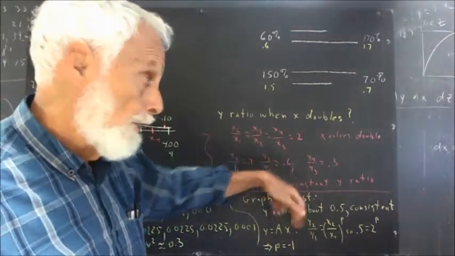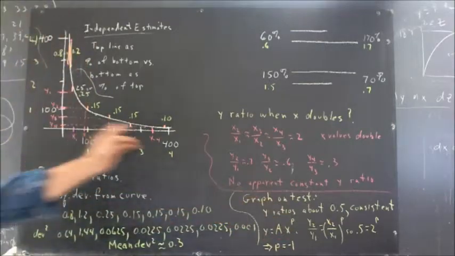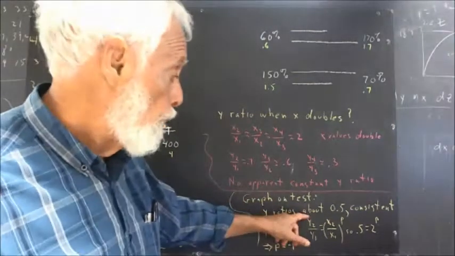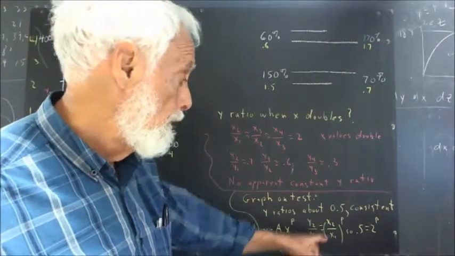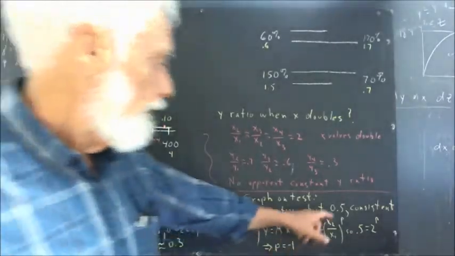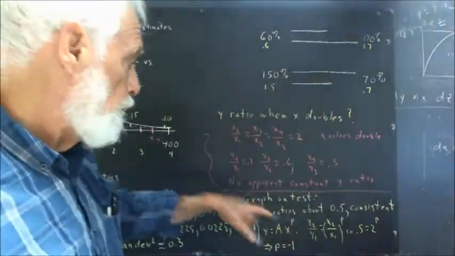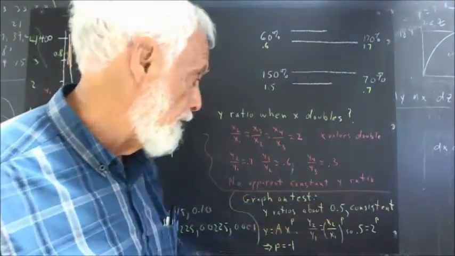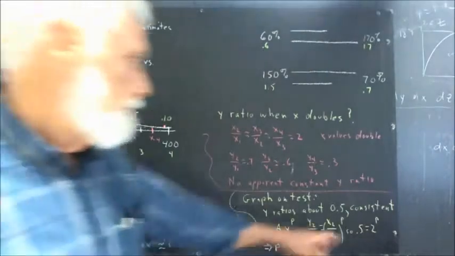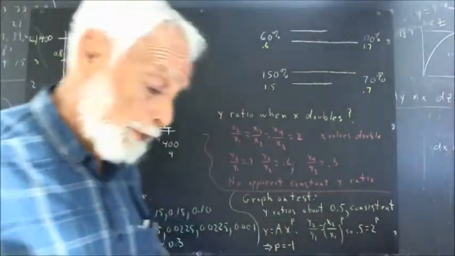Y equals ax to the p, as will be the case anytime doubling x gives you a constant y ratio. So that y2 over y1 would equal x2 over x1 raised to the p. If x2 over x1 equals 2 and y2 over y1 equals 0.5, then we have 0.5 equals 2 to the p. 0.5 is the negative 1 power of 2, so that p would be negative 1.